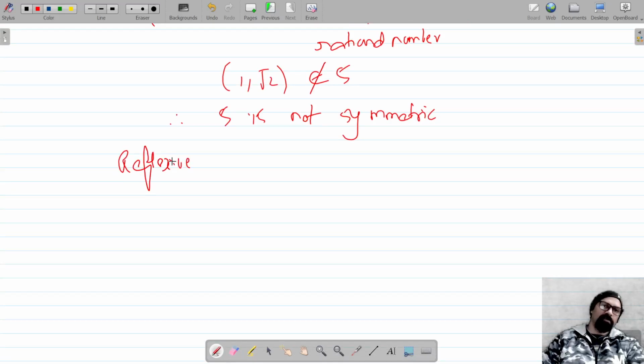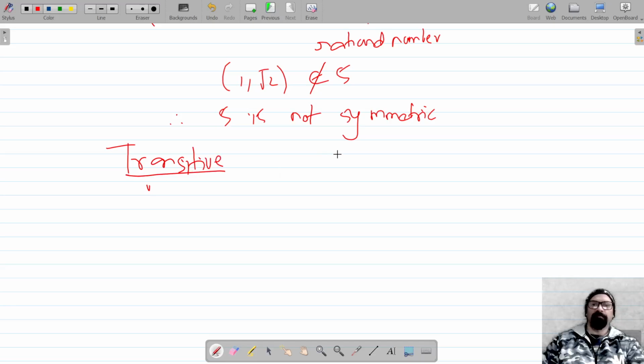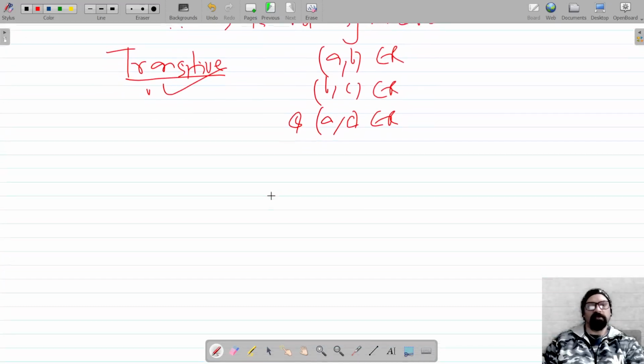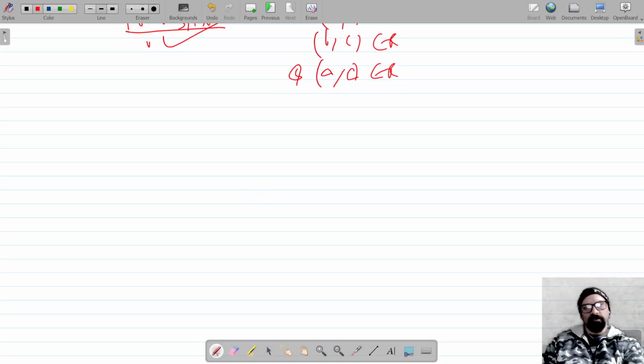Now let's consider it for transitive. We know that a relation is transitive when (a, b) belongs to the relation and (b, c) belongs to the relation, then (a, c) also belongs to the relation. So let's consider our relation S. We have to consider two pairs that are in the relation.